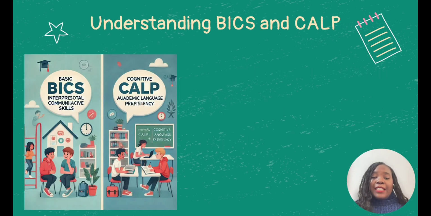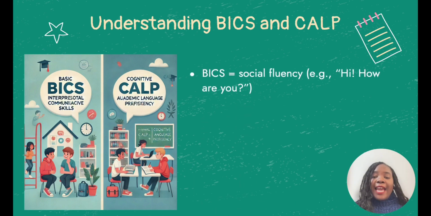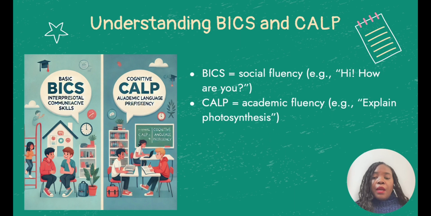Now let's talk about academic language. Cummins draws a key distinction between BICS, Basic Interpersonal Communicative Skills, and CALP, Cognitive Academic Language Proficiency. Many ELLs appear fluent because they can socialize in English, but they may still struggle with the language of academic tasks.